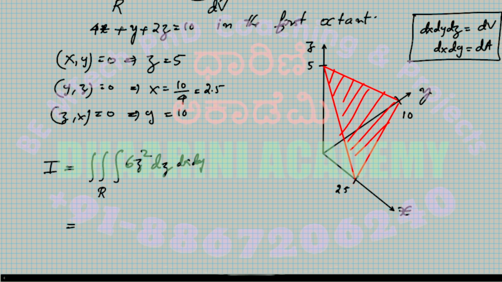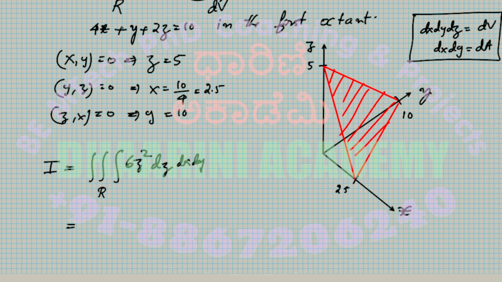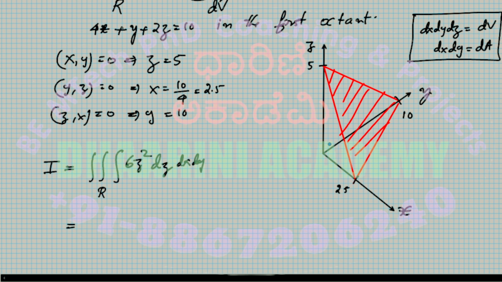So I'm trying to eliminate the z completely from my integral. When z is completely eliminated, the volume will be reduced into the area which I am marking. You see, this is the area, right? Because no height. Z is eliminated, means only XY, correct?